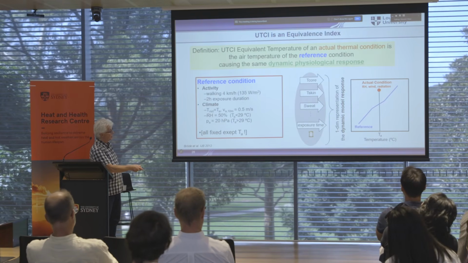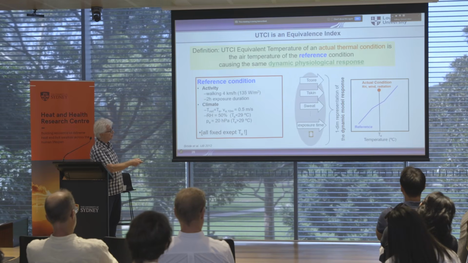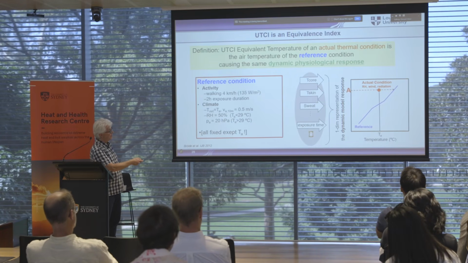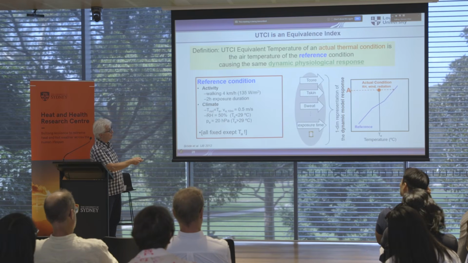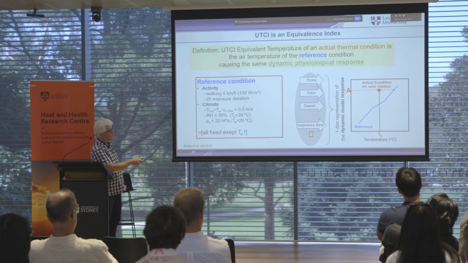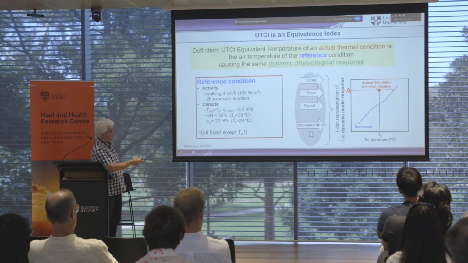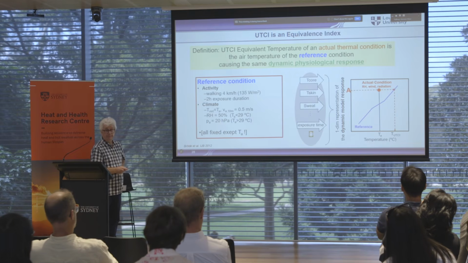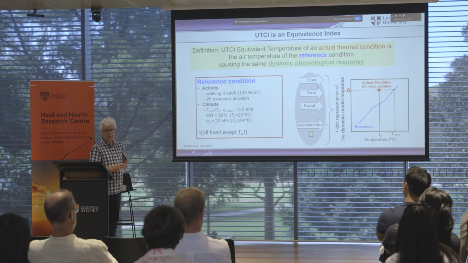So the first thing is we have the actual ambient temperature of the condition we look at. Then we have the strain level of that condition, which is this value. And then we move from that value to the reference condition. So it's the same strain. The strain here is exactly the same strain as there. And that gives us our UTCI value.